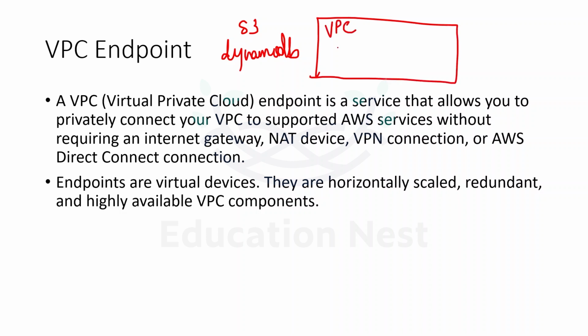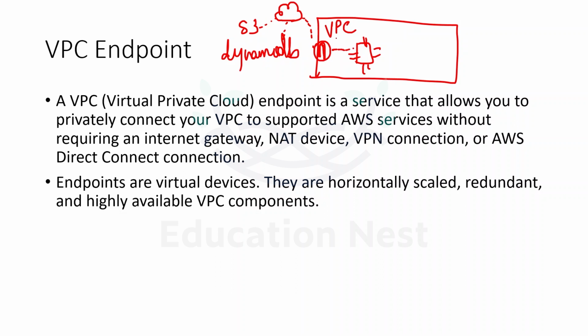So if our instances want to connect to these services, we can have our internet gateway at the edge of the VPC. Our traffic would travel through the internet gateway and, via the internet, connect to the endpoints of S3 and DynamoDB.